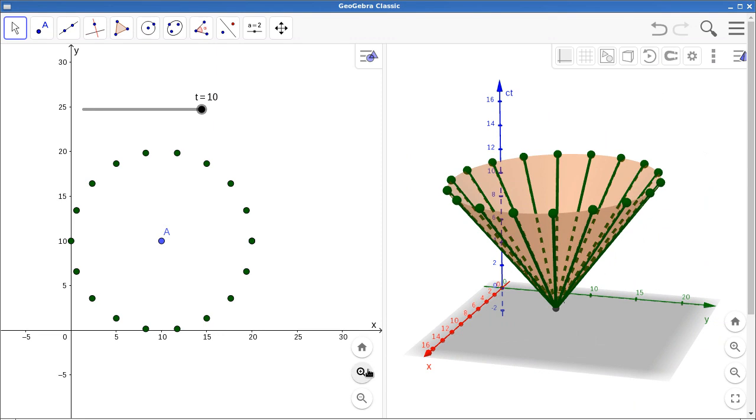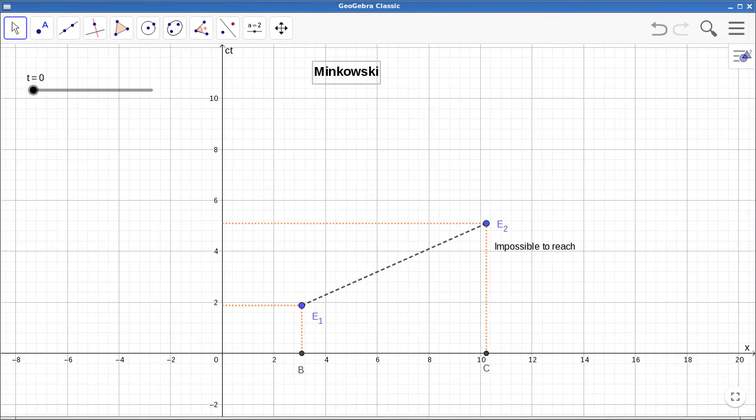Right. So next is the light cone of an event, and from it how we talk about the past, present and future. You might have heard words like absolute past, absolute future and absolutely separated events.